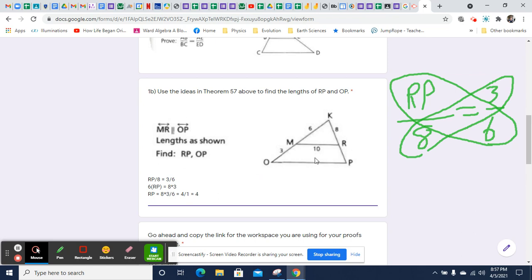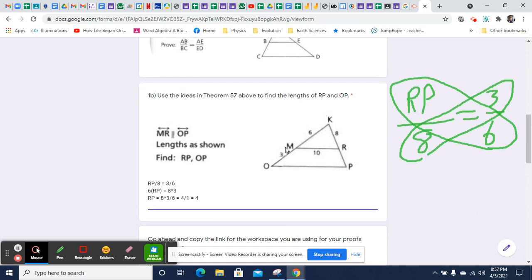Let's find OP. Now, for OP, we're going to need to deal with the similarity of triangles. So KMR is similar to KOP. And the way we know that is K is congruent to itself, and angles KMR and KOP have to be congruent since these are parallel lines, and those will be corresponding angles. I don't need to bother with the other corresponding angles because angle, angle gets us angle, angle, angle because of the no choice theorem.